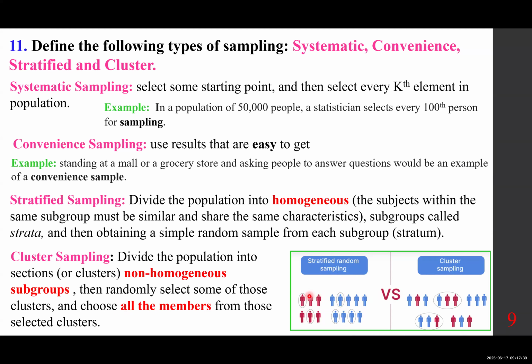So you pick some from this group, some from this group, some from this group, and so on, of course, randomly. In the case of a cluster, you make sure all groups are similar. So if you pick a group, you keep the entire members. So if you pick this group, you keep all those three. And of course, you choose randomly.